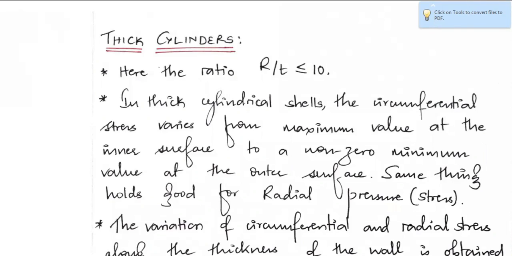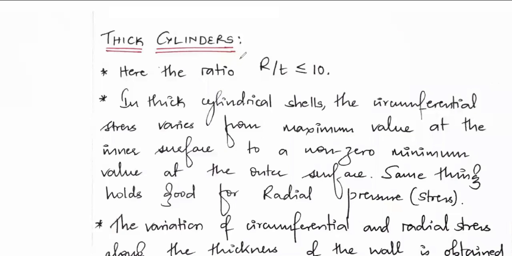So, in today's session, we'll be studying fixed cylinders and the equations which are used to calculate the stresses in fixed cylinders. Right. So, we already know what fixed cylinders are.